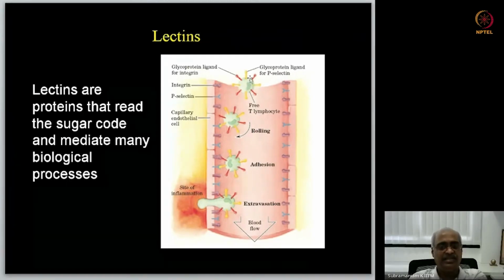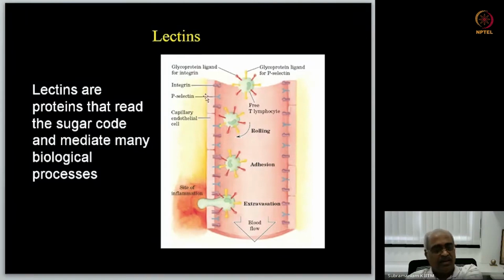Okay, so that is how this recognition property of oligosaccharides of glycoproteins, and the proteins that bind to them, like selectin in this case, are important in mediating biological processes. Many processes. In this particular example, the process is the immune response to an infection or a site of injury.